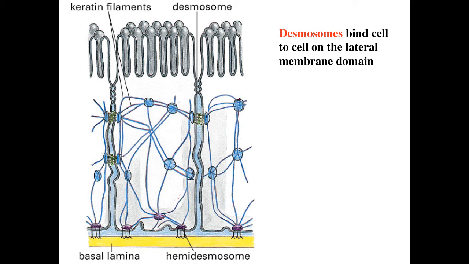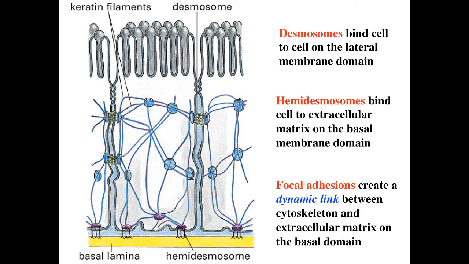Hemidesmosomes could almost take the name hemi for half. So a hemidesmosome is like a half desmosome. Hemidesmosomes bind cell to extracellular matrix on the basal domain of epithelial cells. As we said, desmosomes bind cell to cell on the lateral domains of membranes between adjacent epithelial cells.